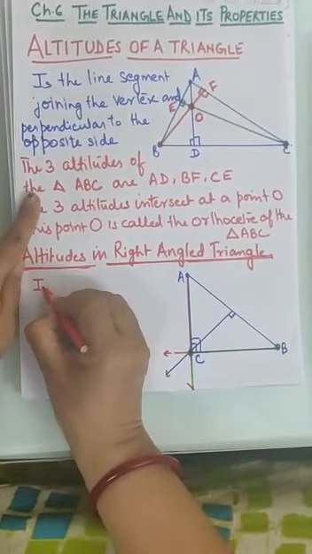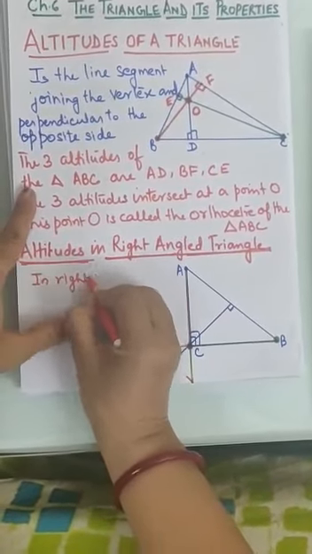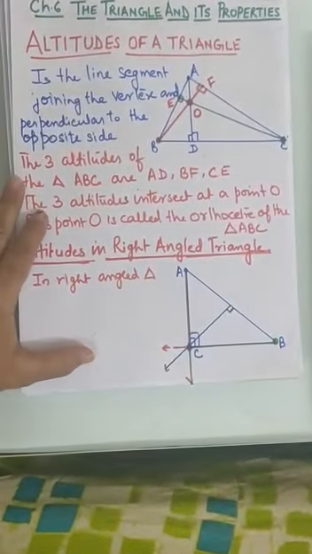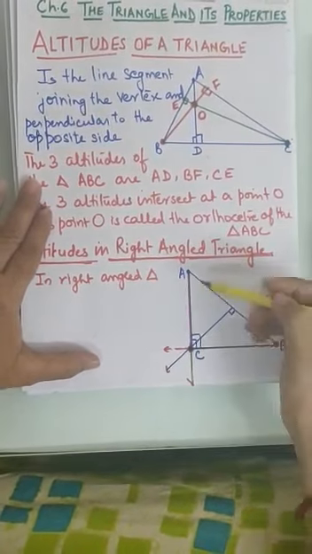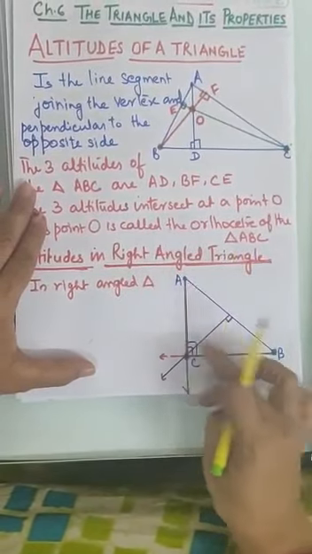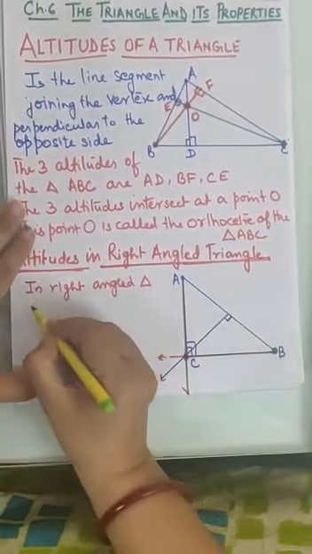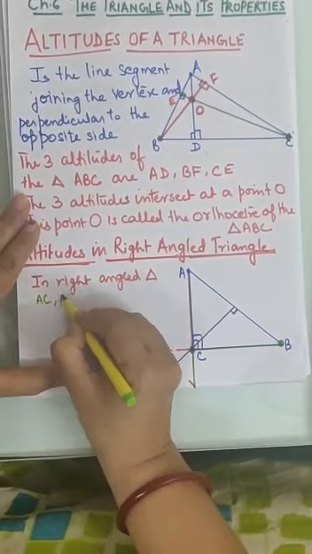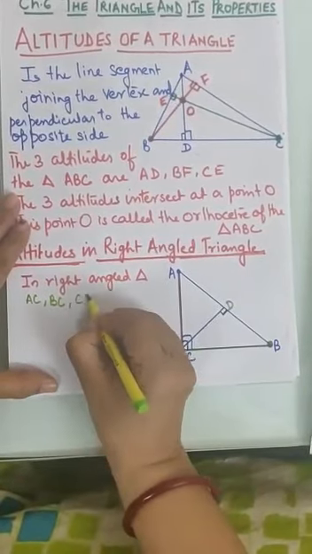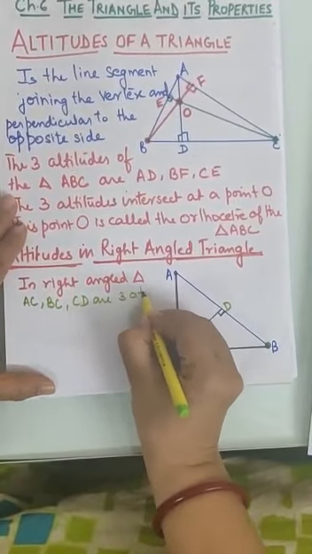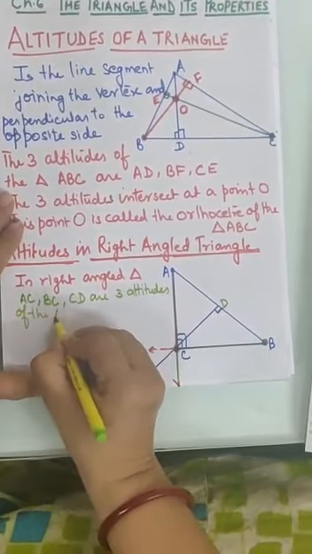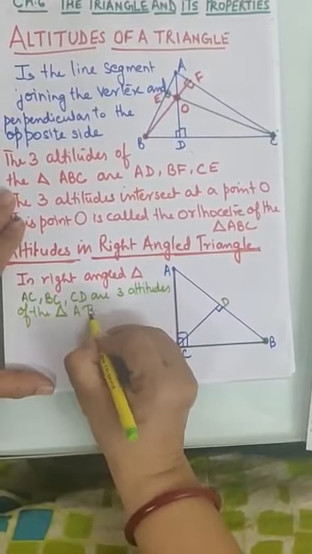So in a right angled triangle, see here the very important point which is asked in the exam also. This AC and BC are the two sides of the triangle, and also these are the two altitudes of the triangle. So AC, BC and CD are three altitudes of the triangle ABC.